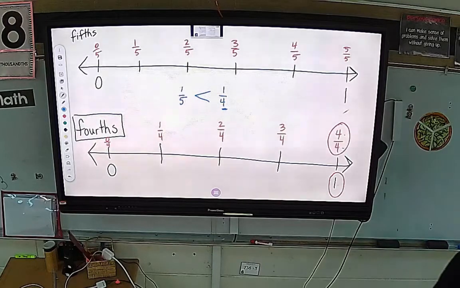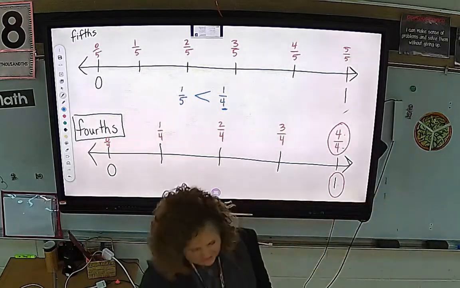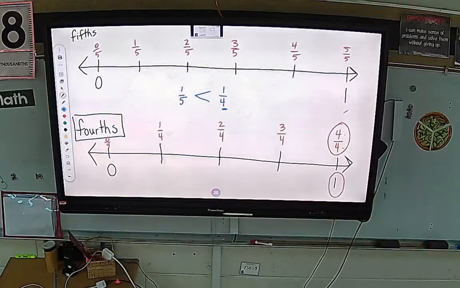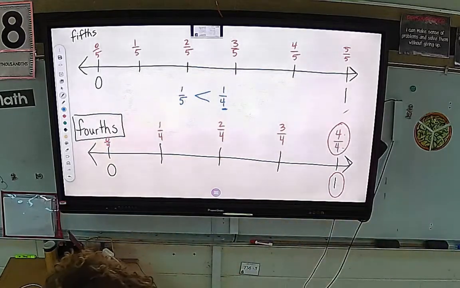Y'all sound like my folks at home watching a football game. Take it into the end zone. That hit the rim. I feel like even though the bowl might suffer a little bit, the weight of the beanbag is going to be a little better.